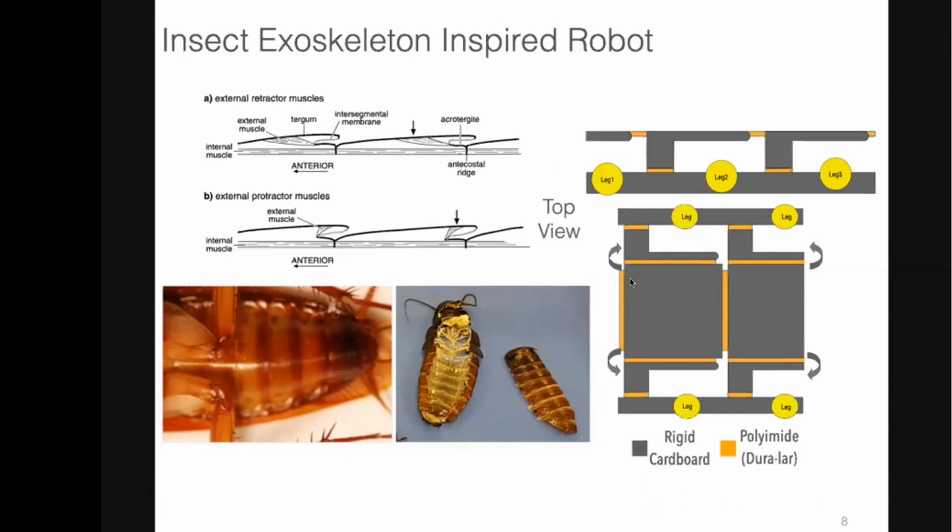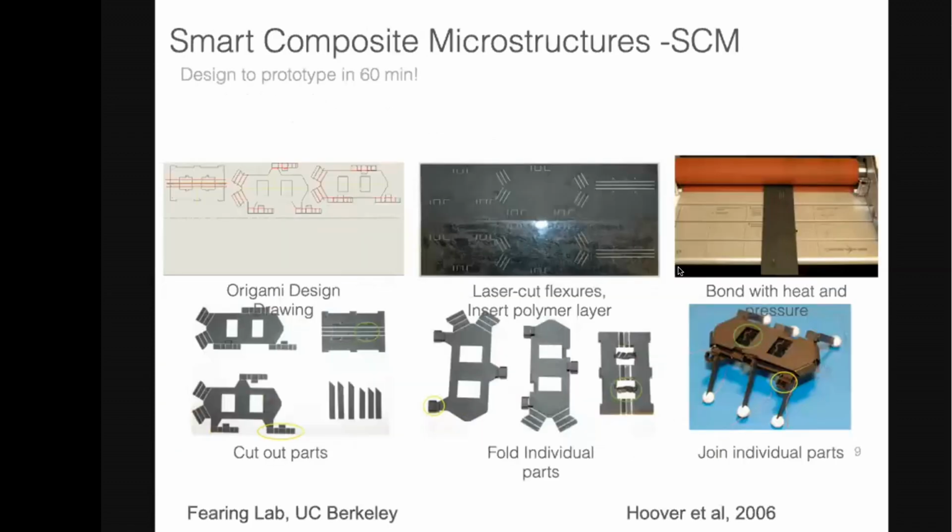By selectively having cutouts, we simulate places where you can create joints, and by combining rigid material like cardboard with flexible material, we get a laminate structure, which can then be used to fabricate an entire robot.